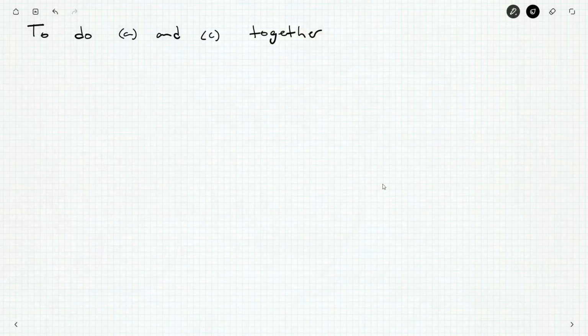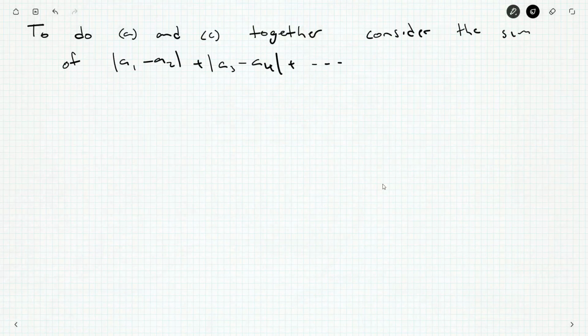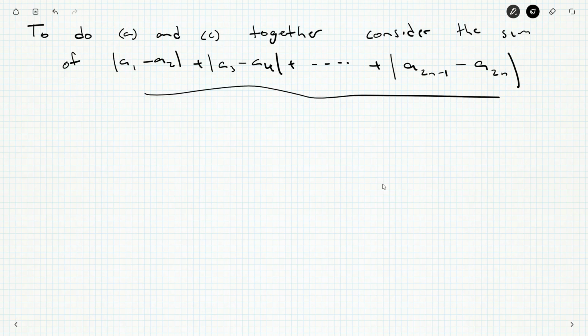So to do A and C together, consider the sum of A1 minus A2 plus A3 minus A4 plus all the way up to A(2n minus 1) minus A(2n). We need an even number of numbers in total in order to be adding up differences of pairs. Note here we have n terms.